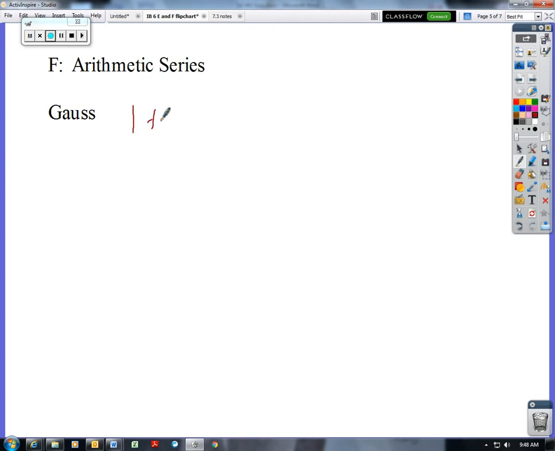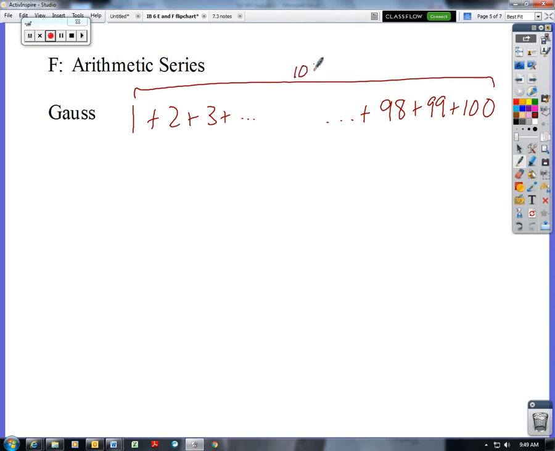So he reasoned 1 plus 2 plus 3 plus all the way up to plus 98 plus 99 plus 100. And he grouped the 1 and the 100 and added those and got 101. And then he did 2 plus 99, which is also 101. And then 3 plus 98 is also 101.